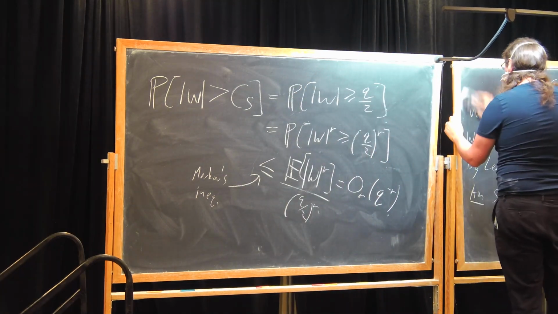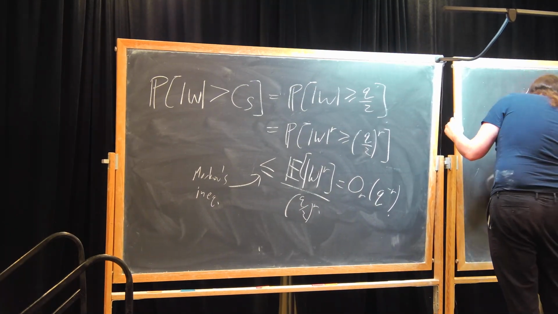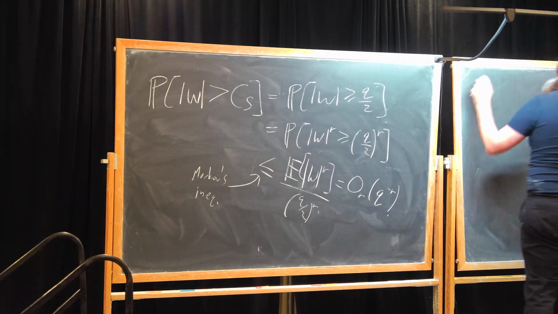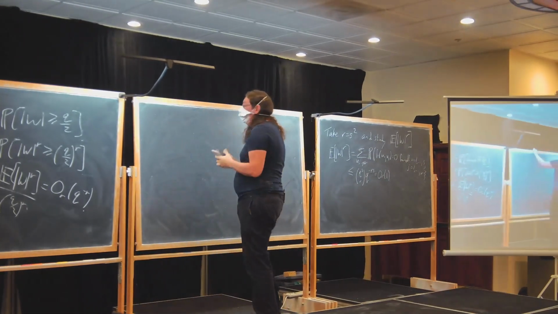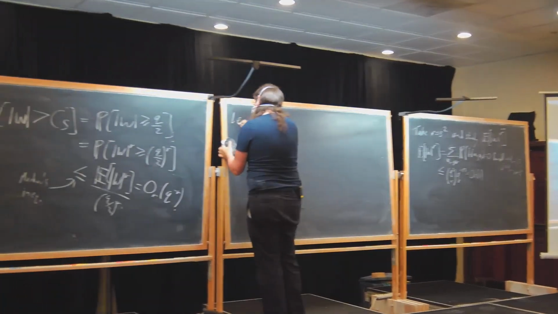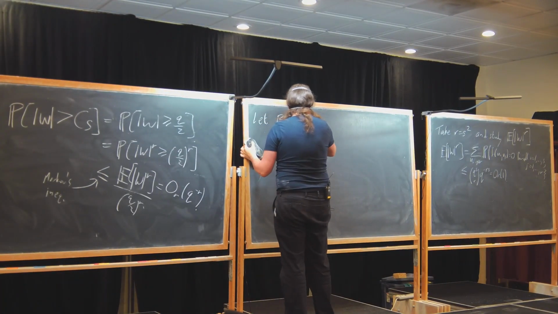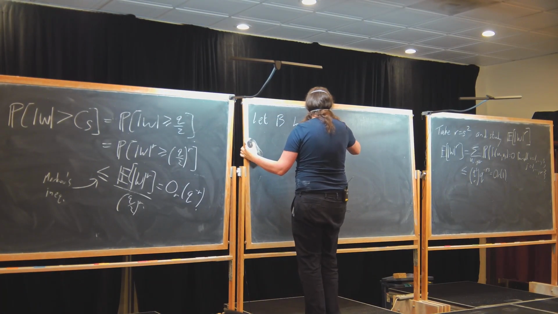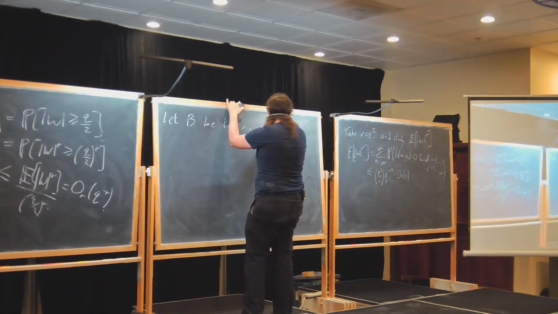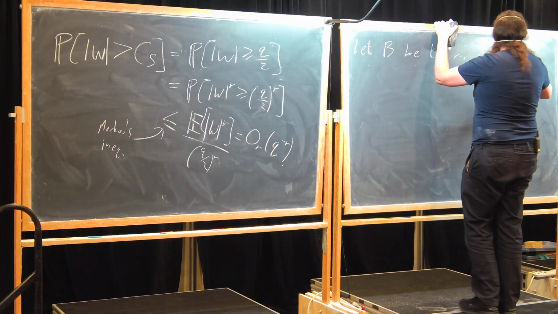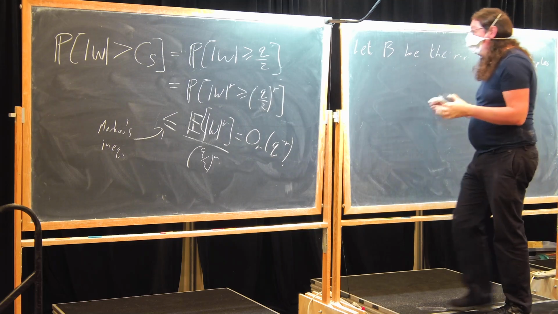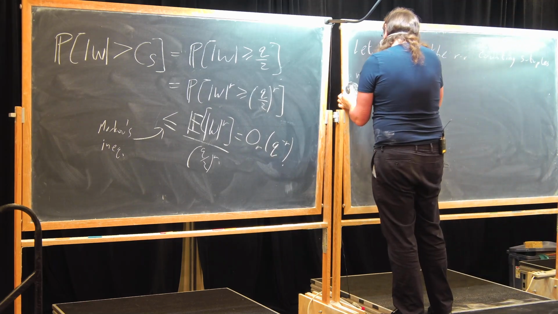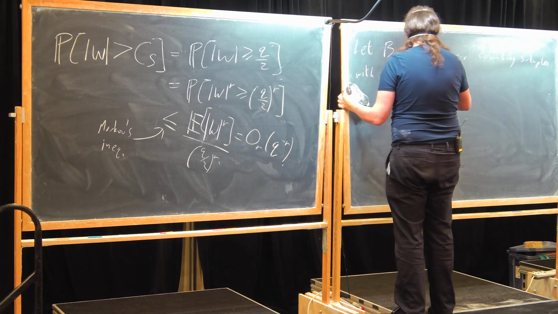And if we now take B, so we have a different random variable. Let B be the random variable counting S-tuples with more than CS neighbors.